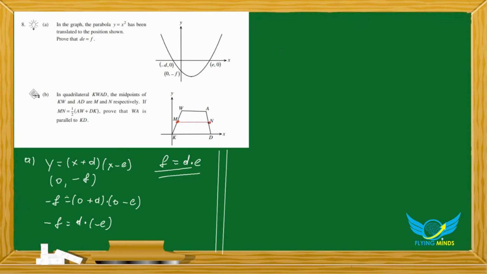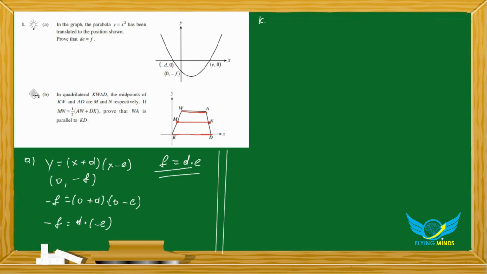So the length MN equals half of the sum of the length of this side, WA, plus the length of this side. Okay, so we're dealing with distances here, so it means we need to assign coordinates to our points.